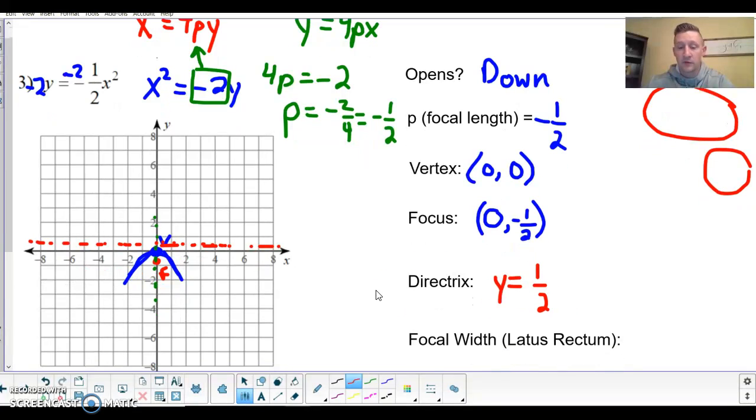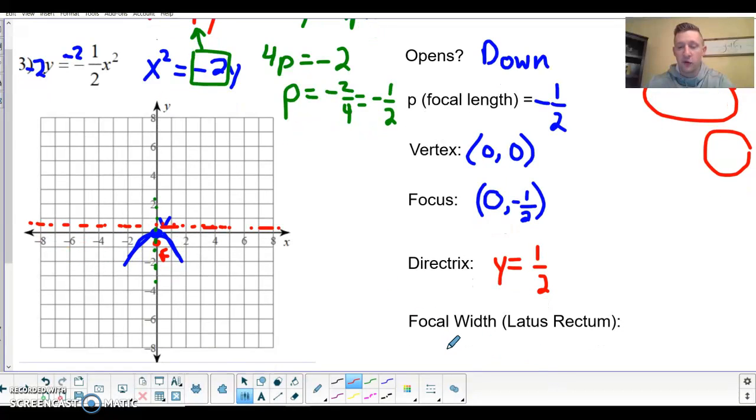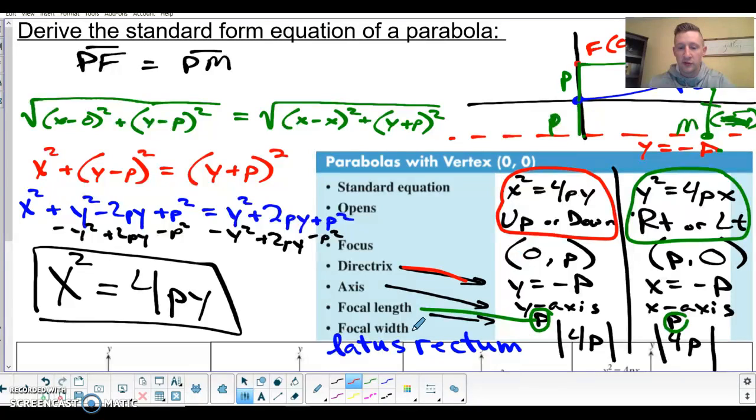Okay. Last thing to figure out, a little bit tougher, the focal width. Well, rule-wise here, we're told that the focal width, which is also referred to as the latus rectum, is equal to the absolute value, because it's a distance, so it's always positive, of 4 times p. P, again, is the focal length that we already found.